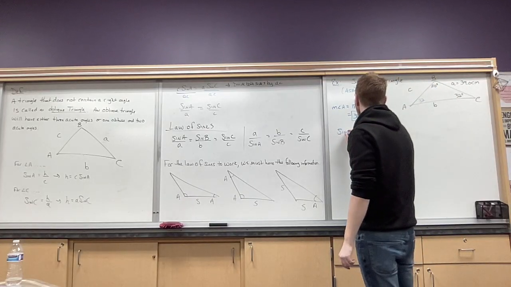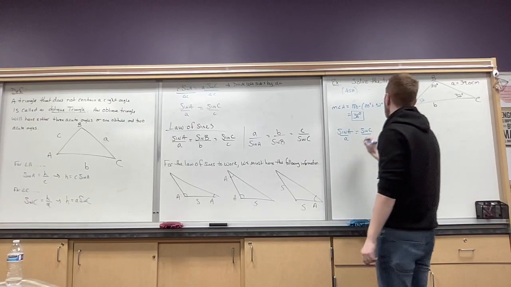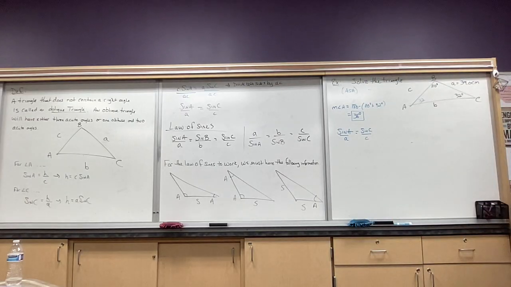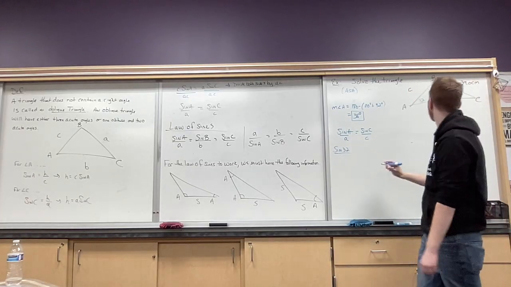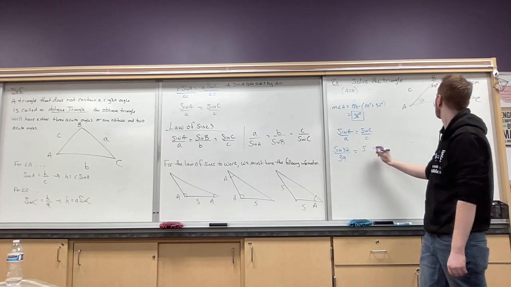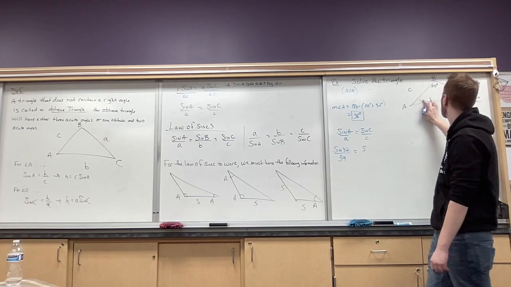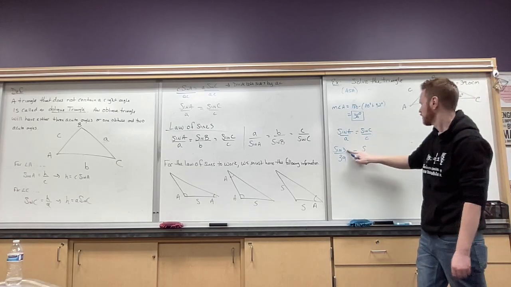So I'm going to put this, sine of A over little a equals sine of C over little c. I'm going to plug my values in. Okay? So this is going to be sine of 38 over 39 equals, oh, 38, my gosh. I even wrote 38 over there.